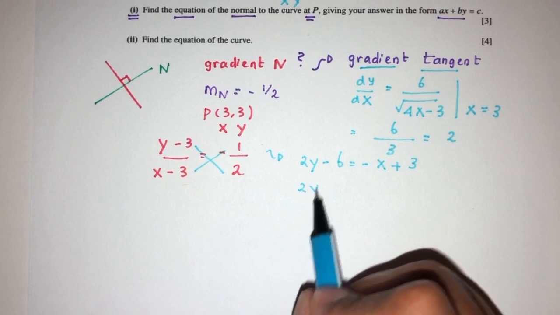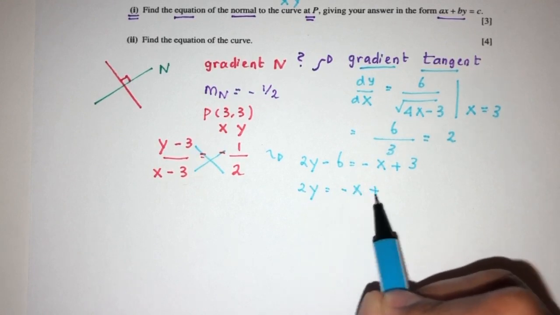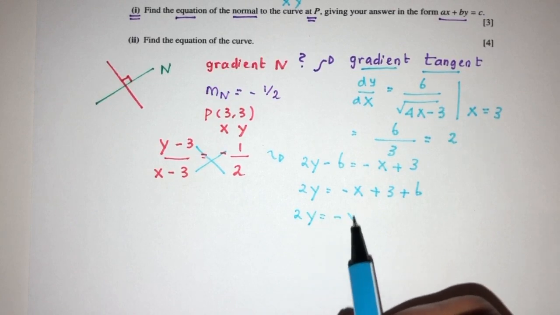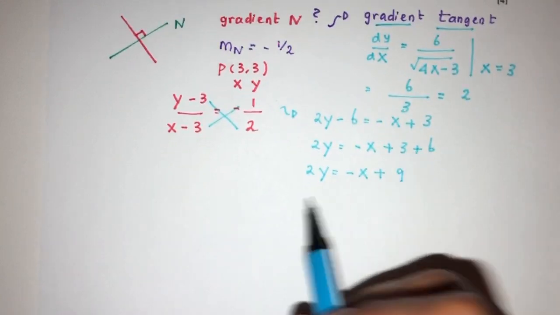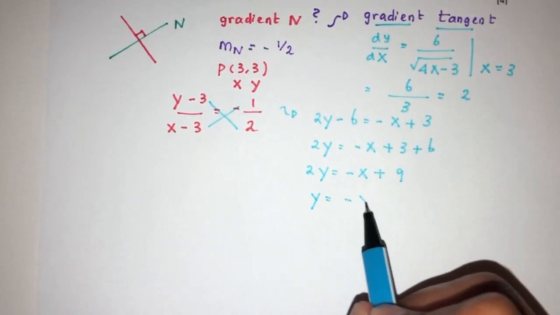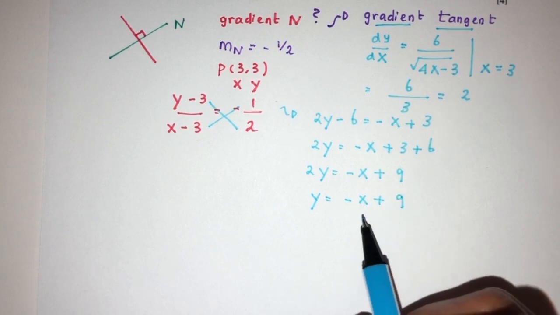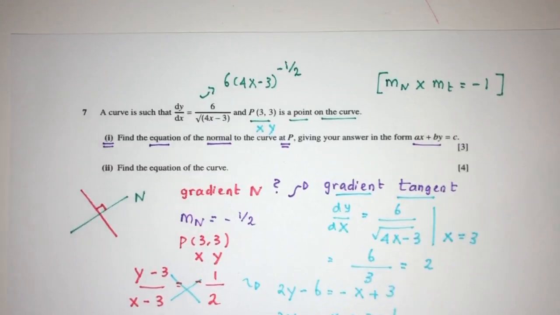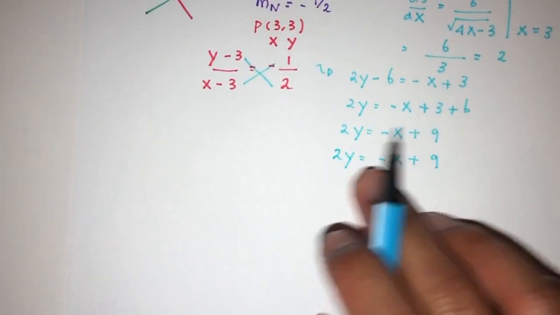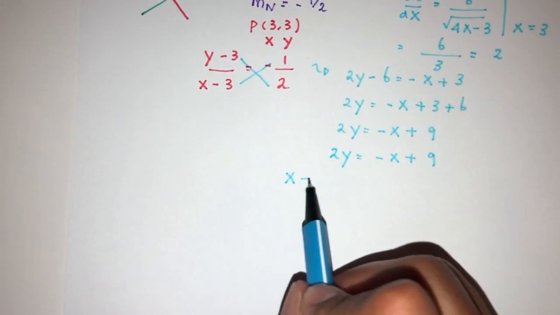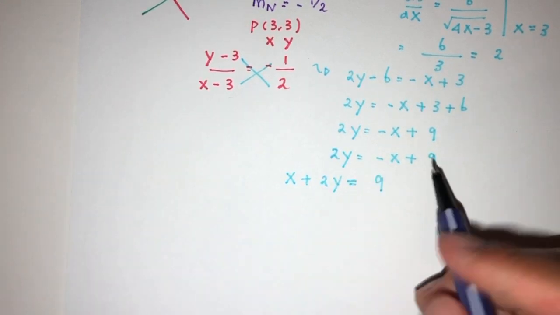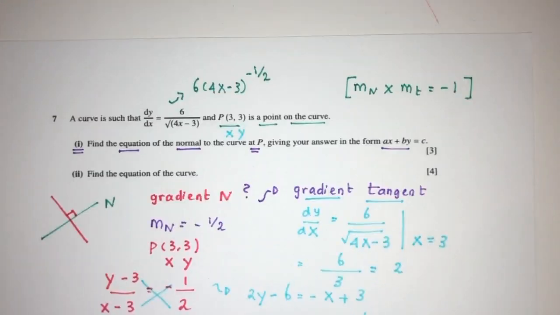That will be 2y equal to minus x plus 3 plus 6. So 2y has to be minus x plus 9. I guess we don't need to divide by 2 here because we have to rearrange in this form. Let me send x and y to one side. You will have x plus 2y is equal to 9. So this is shown as required.